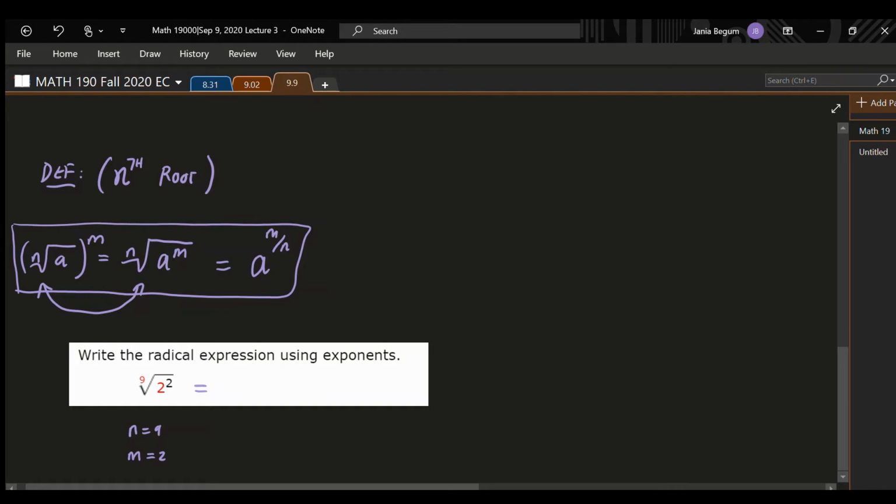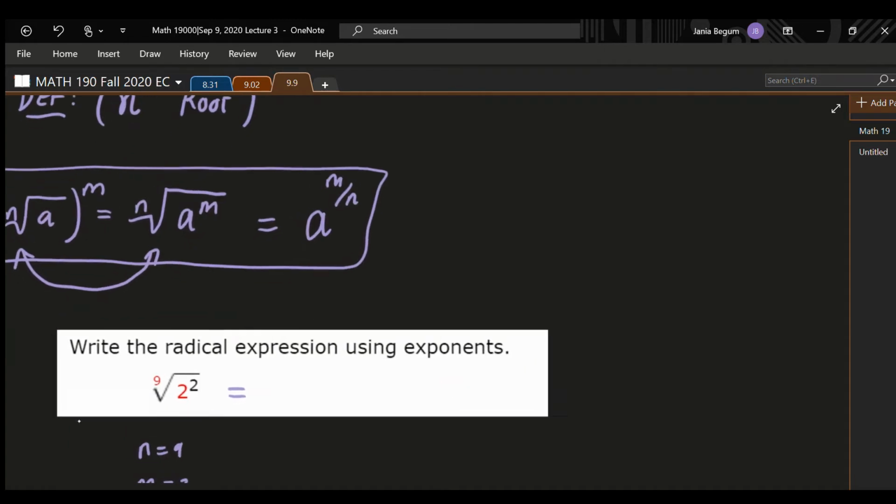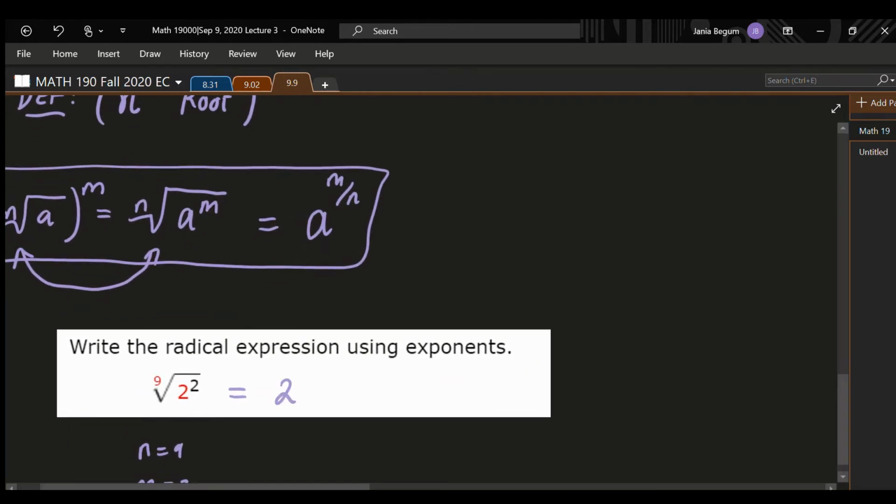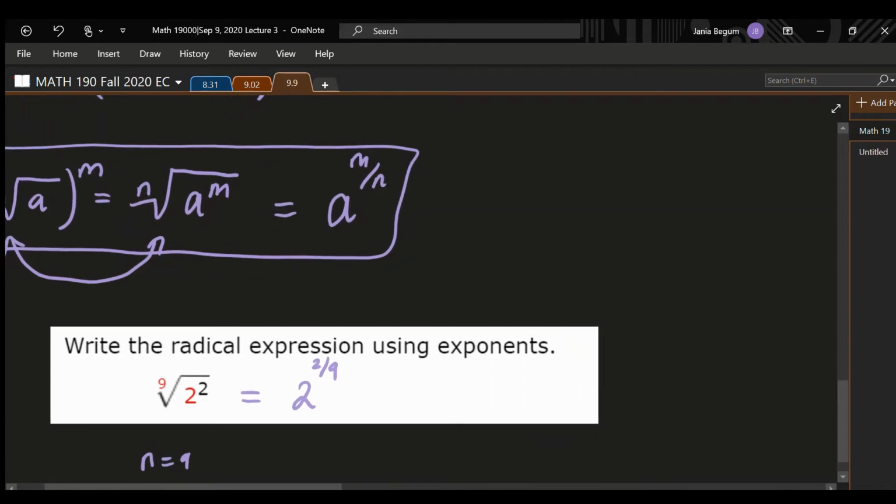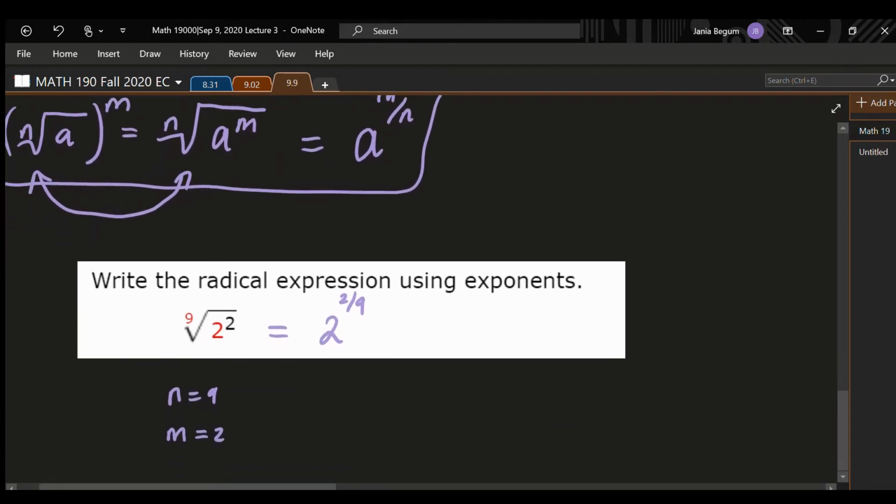Not 9. The base a is 2, right? So it's 2 to the power 2 over 9. Hopefully that's clear. Can you guys see that?